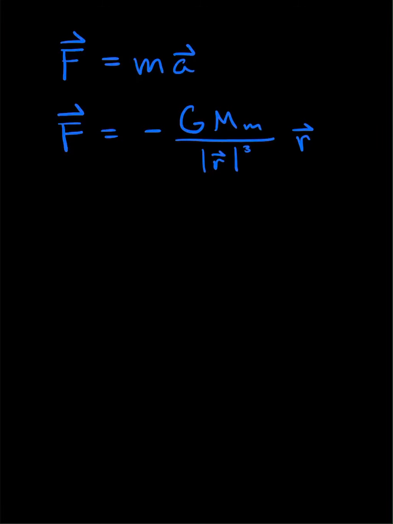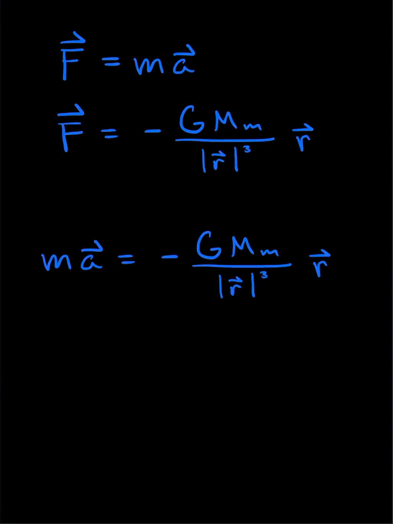And the other is the law of gravitation, which says the force vector equals the negative gravitational constant times the mass of the sun times the mass of the planet over the cube of the magnitude of the position vector times the position vector. By setting these equal to each other, Kepler was able to solve for the acceleration vector.